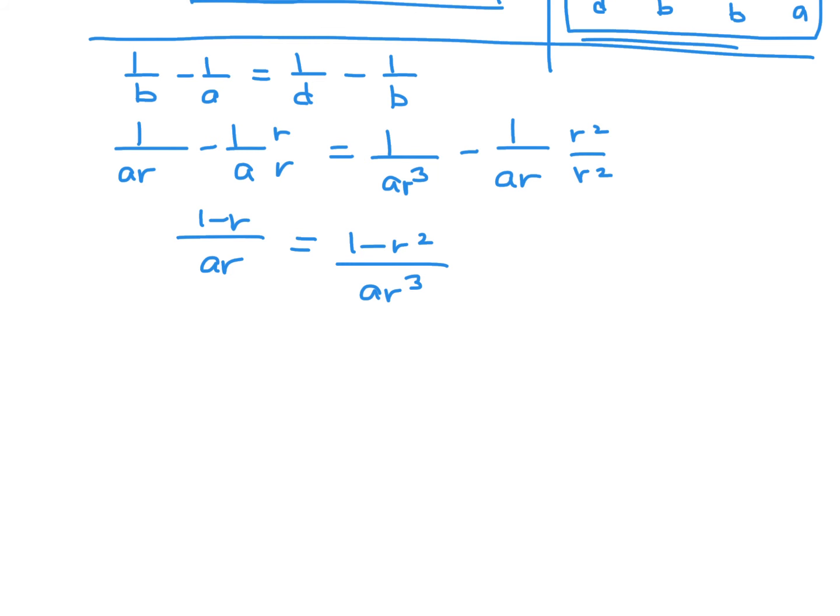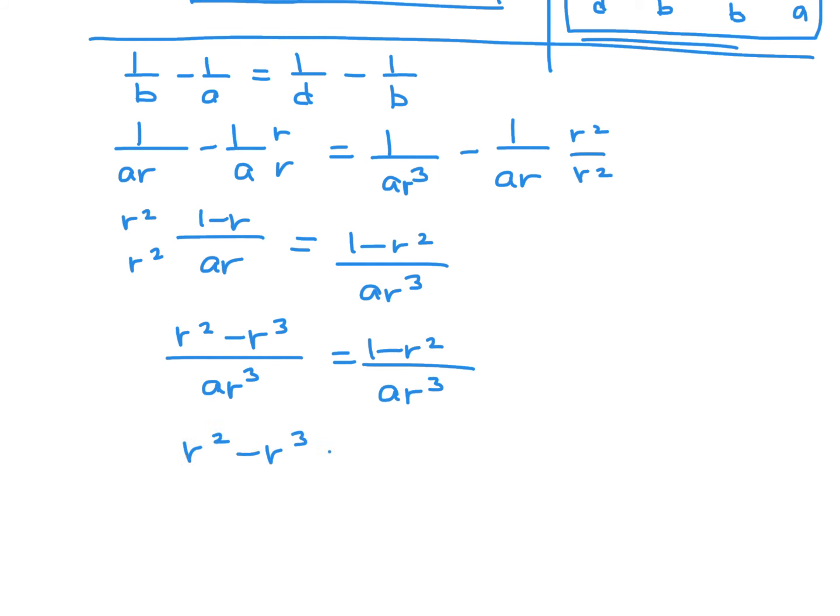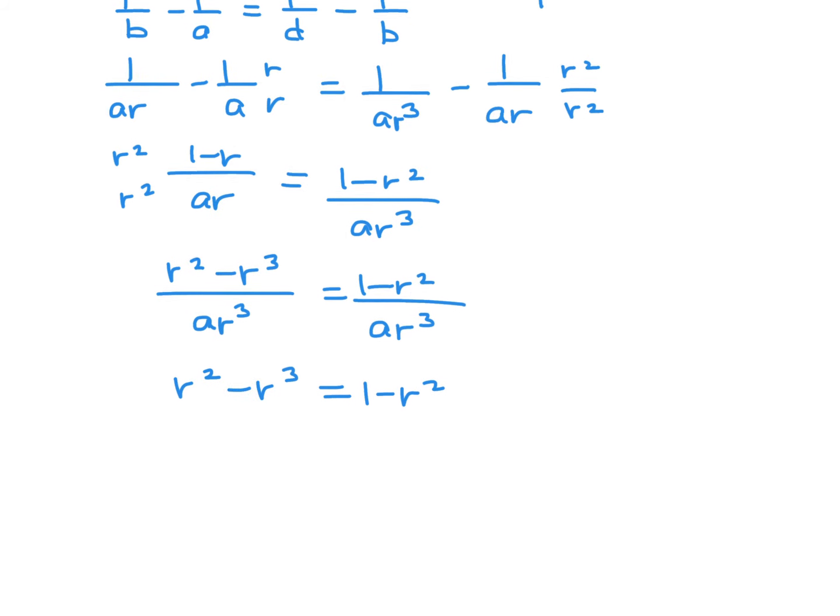Or I can multiply both sides by R squared and make it look identical. So this would be R squared minus R cubed over AR cubed. And this is the same. And then I can just get rid of the denominators and then just have R squared minus R cubed equals 1 minus R squared. Okay, that's pretty much the same kind of thing.